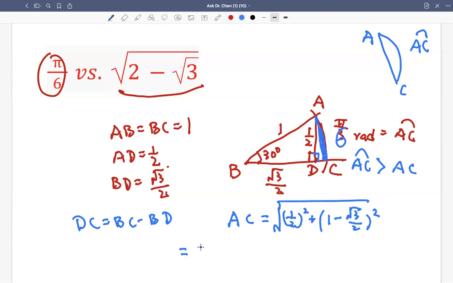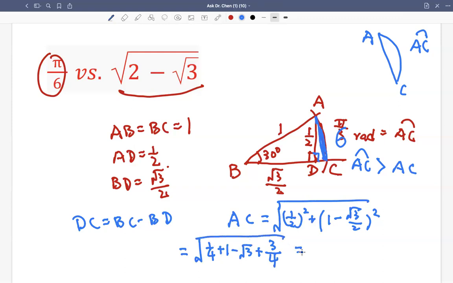So that equals, oh, that's very radical, right? Half squared is a quarter, plus perfect square, 1 squared is 1, minus 2 times 1 times radical 3 over 2, which is negative radical 3. Then square this: radical 3 squared is 3, 2 squared is 4.